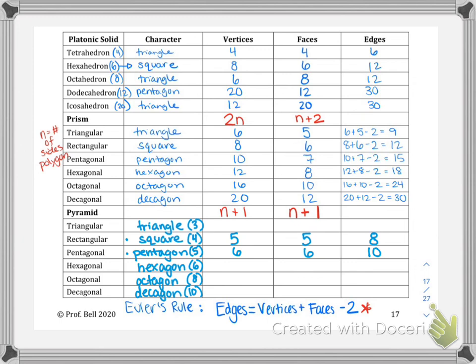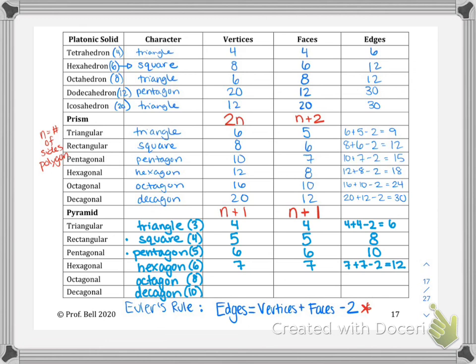For the triangle, a triangular pyramid would have 4 vertices, 4 faces, and 4 plus 4 minus 2, or 6 edges. Okay, let's try again. We're down to the hexagonal pyramid. That would have 7 vertices, 7 faces, and then 7 plus 7 minus 2, which is 12 edges. 2 more to go.